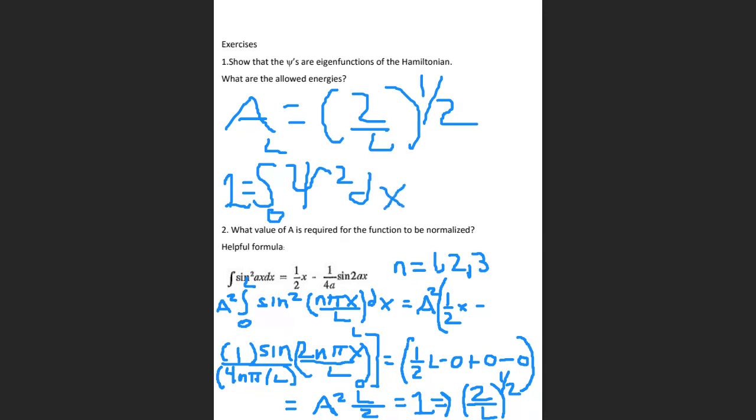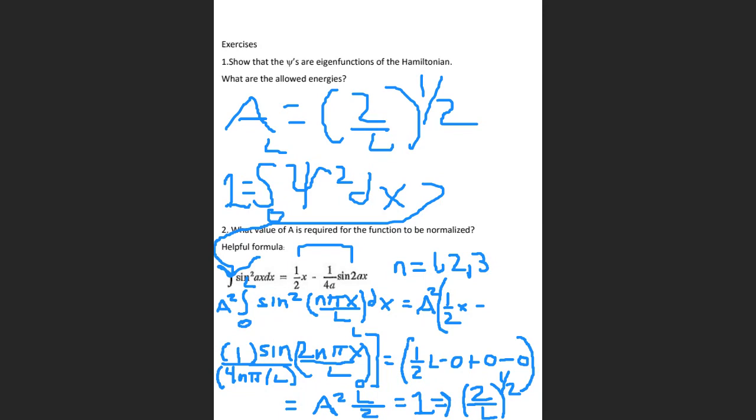So all this leads me to this down here. What I did was factor A out of the integral, and then I integrated sine squared n pi x over L. I used this integral table antiderivative to do so.